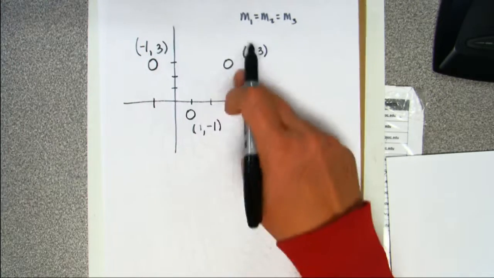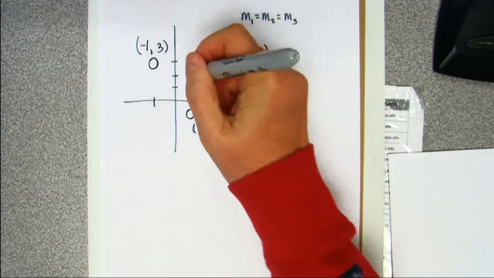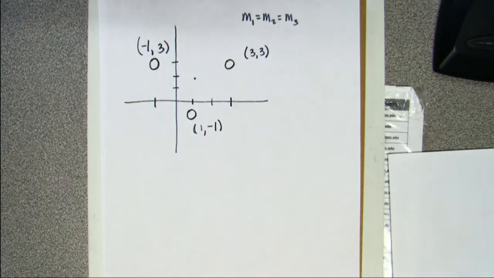We know all 3 of those are the same masses, and intuitively we know kind of where we want to position it, right? I want to put my finger such that I'm going to balance it. Since all 3 are the same masses, it's probably going to be at a point like that.